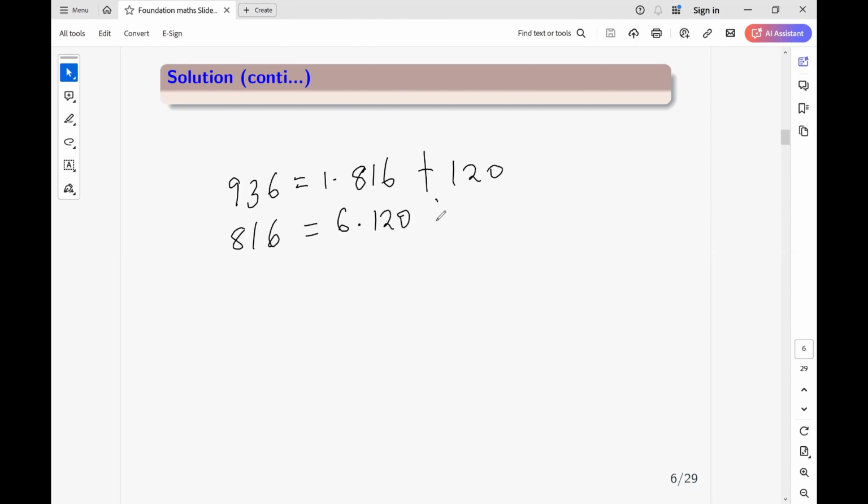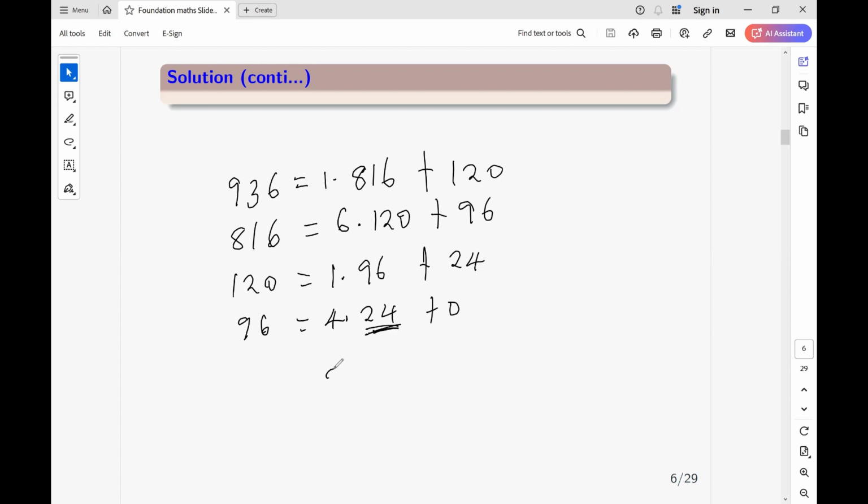And the remainder? 96. 96 into 120 once. And the remainder? 24. 24 into 96, 4 times. And the remainder? So we say this divisor here becomes the GCD. Is that okay? So the GCD therefore is what? 24.